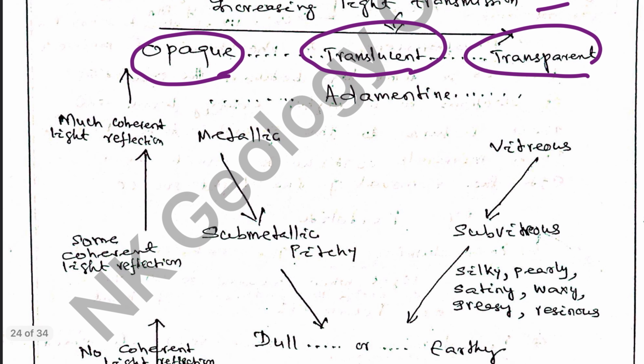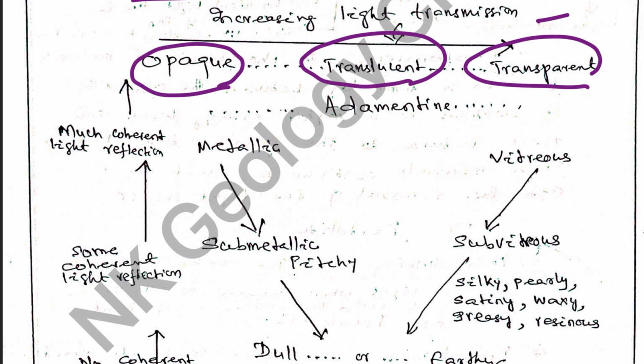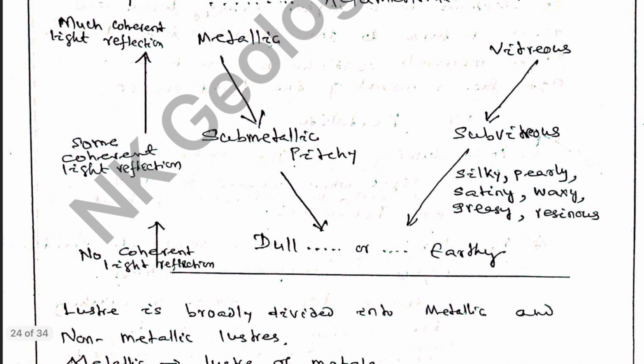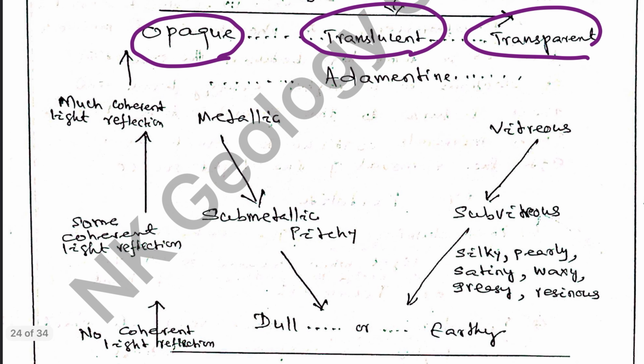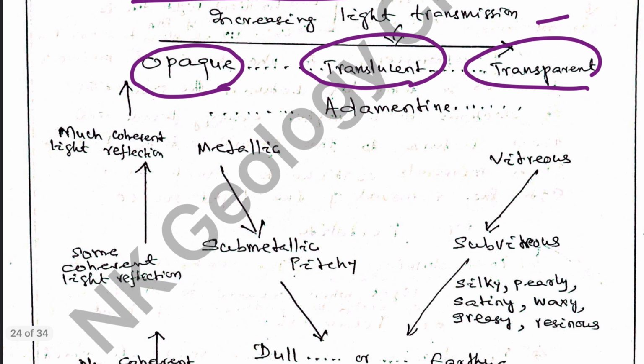And if we see that light transmission is found from metallic to submetallic, then to dull, here transmission gradually decreases.